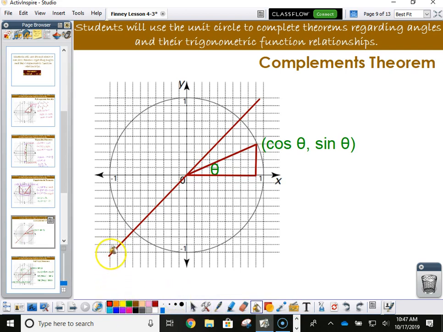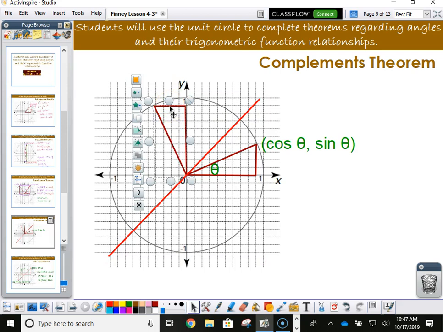I'm going to make that a different color so it stands out a little bit. So what I'm going to do now is take this and reflect it over y equals x. To do that, first I'm going to rotate it, and then I want it to stop kind of like this, and then I'm going to flip it because I want my theta to still be there.